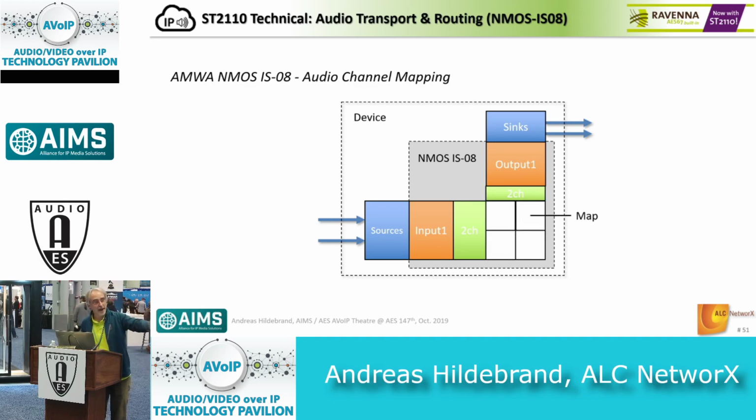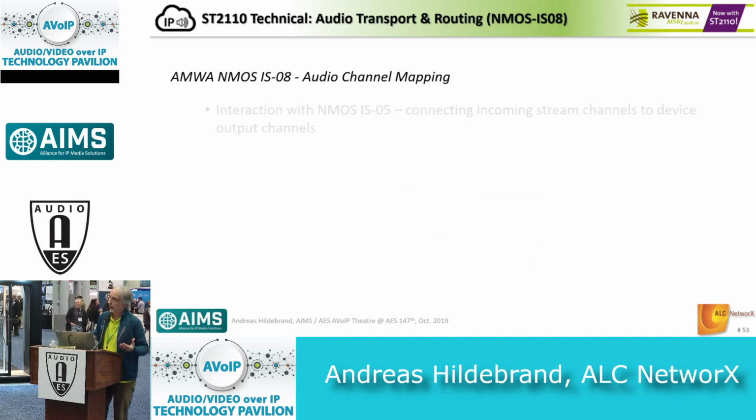And then there is a map as another instance within IS-08, which provides patching capability. So the controller, by now knowing we have a particular input instance with 2 channels, and another one in this example with 2 output channels, knows I have a 2x2 matrix, and I have the means through IS-08 to execute patching from the 2 channels on the input side to the 2 channels on the output side. This is all specified through IS-08.